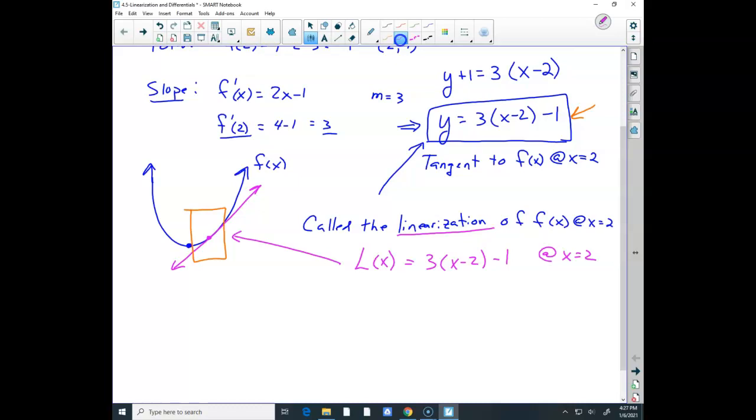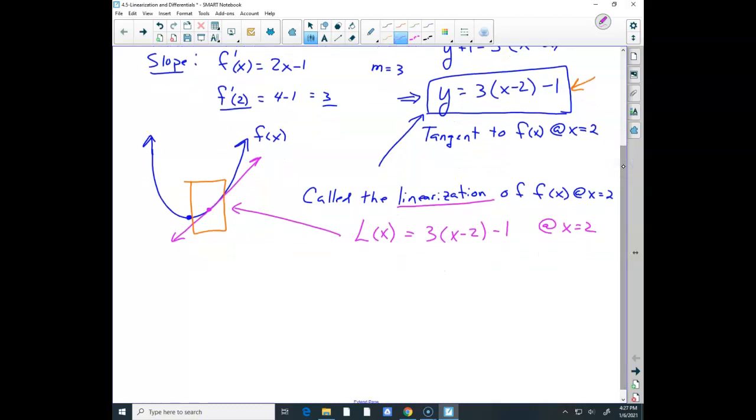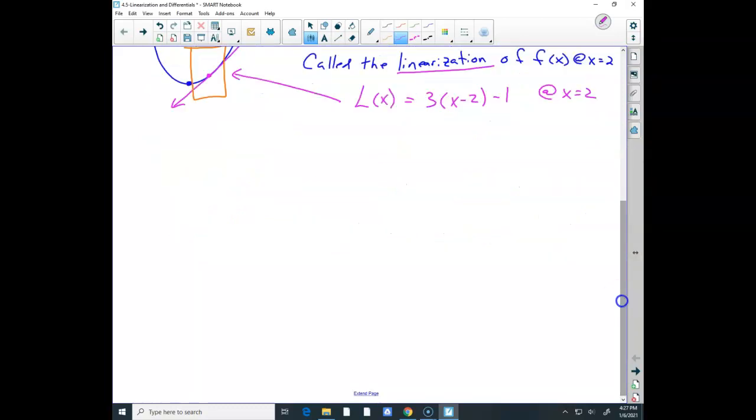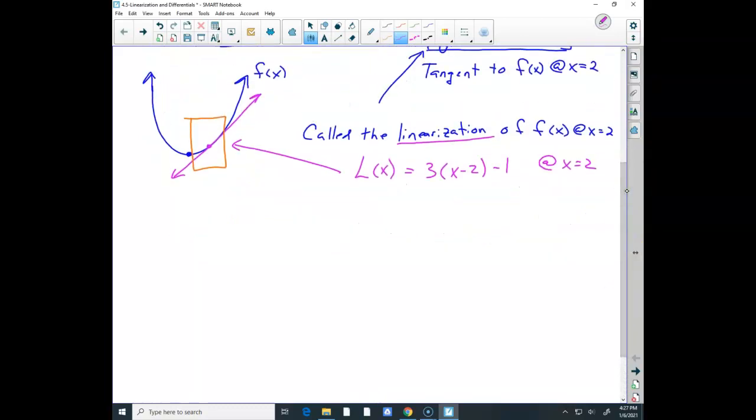Calculus has confusing ways to write things. If I'm thinking of my tangent line, y equals 3 times x minus 2 minus 1, what happens is y is my approximation. My y is my L of x.